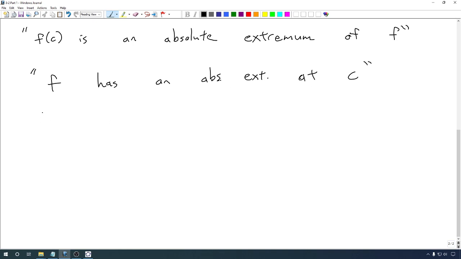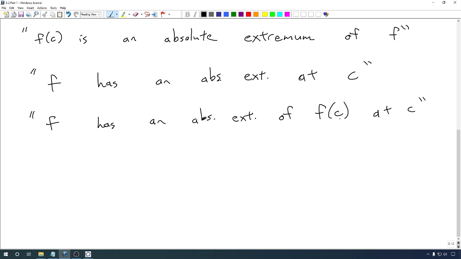We can even combine these if we want to mention both of them. f has an absolute extrema of f of c at c. This is more relevant if f of c was a number.